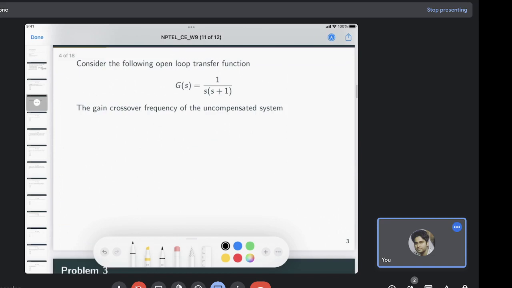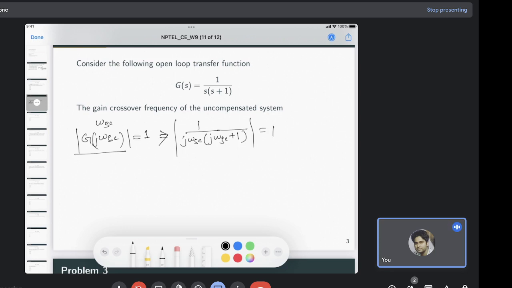So let omega gc be the gain crossover frequency. Then the magnitude of this transfer function at the gain crossover frequency should be 1, by definition, or in decibels, 20 log of this magnitude will be 0. So the magnitude of j omega gc times (j omega gc plus 1) should be equal to 1.